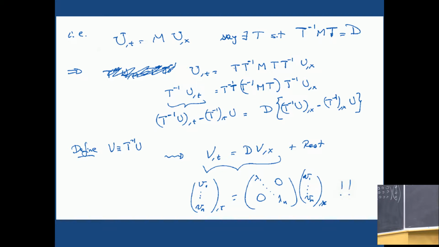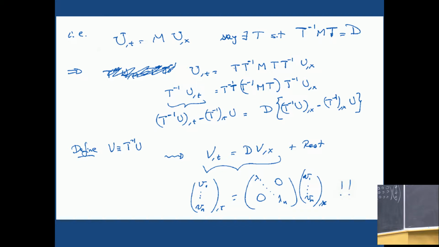And the same thing I do here, I can write as t to the minus 1 u comma x minus t to the minus 1 comma x u. But notice what I have in here. So now I'm having here t to the minus 1 u comma t, and here I have lambda t to the minus 1 u comma x. So let's call that v, t to the minus 1 u. So this is v comma t equal lambda v comma x plus pieces that have no differentiation on u.